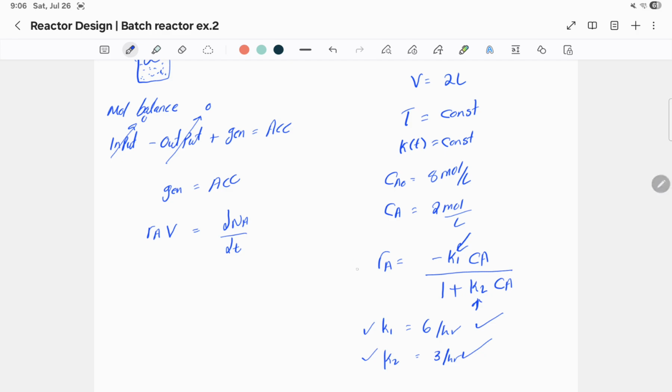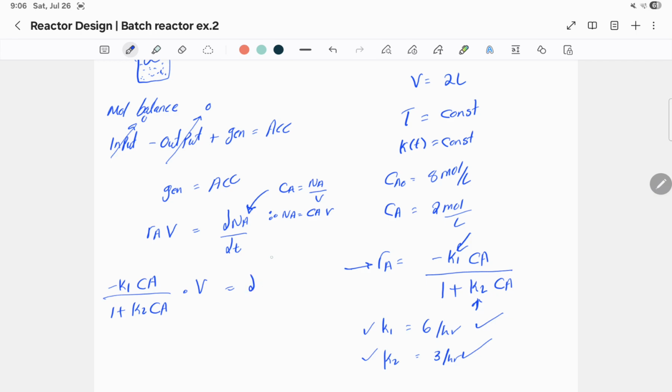Now we can sub in our rate of reaction, which is negative K1 Ca over 1 plus K2 Ca, times the volume, which is constant, equals dNa over dt. Now we need to change the differential in terms of Ca because that's the component we're working with, and we know that Ca equals moles over volume. Therefore, Na equals concentration times volume.